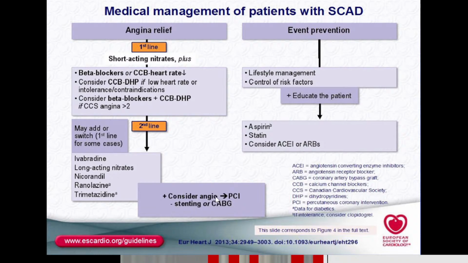We consider stenting or coronary artery bypass grafting, CABG, not some kind of vegetables. And for event prevention, we have to manage good, healthy lifestyle. We have to control risk factors, educate the patient, and give on the routine basis aspirin, statin, ACE inhibitors, or ARBs.